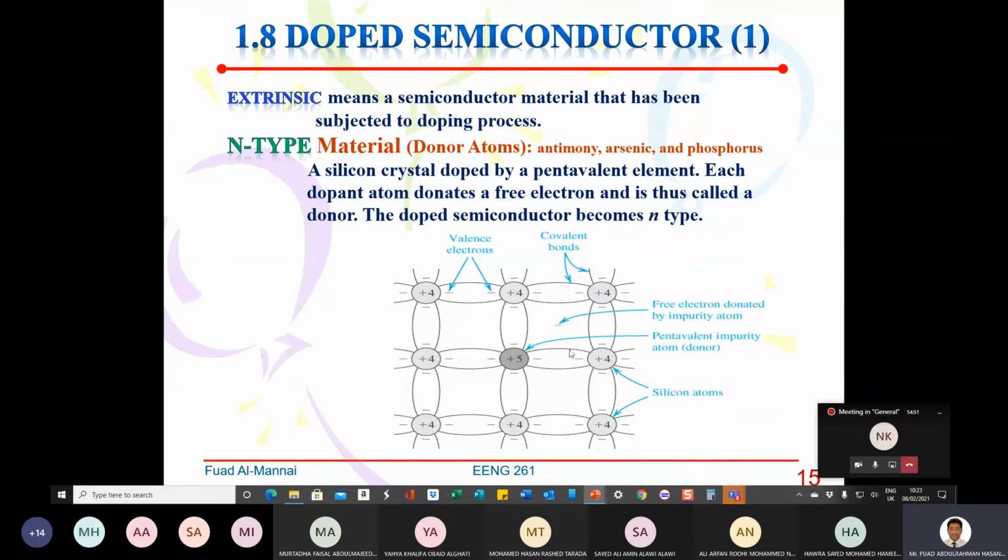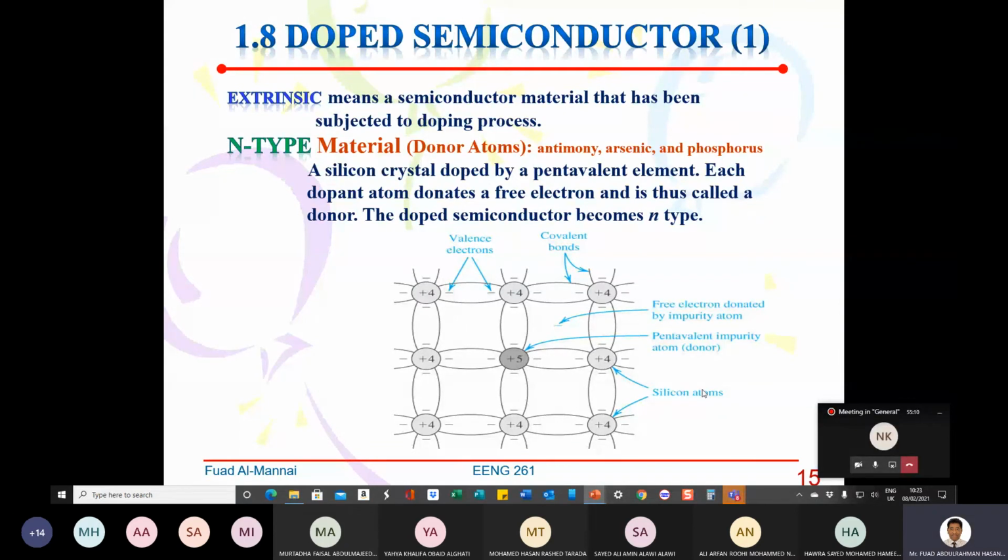What do you call it? N-type materials. In N-type materials, you will see that the majority carriers are electrons. Everybody get that? The majority carriers are electrons.